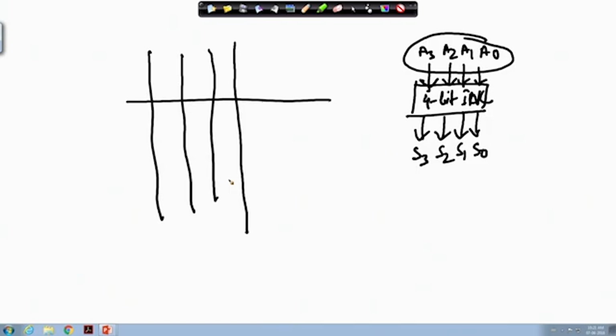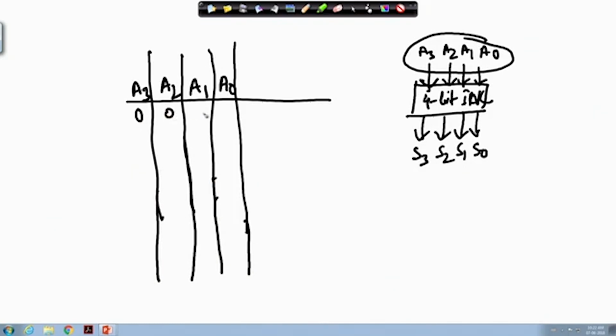So first I need to know the operating principle of this 4-bit incrementer. Now here are the 4 input bits, A3, A2, A1, A0. As this is 4-bit, in total I will get 16 combinations.